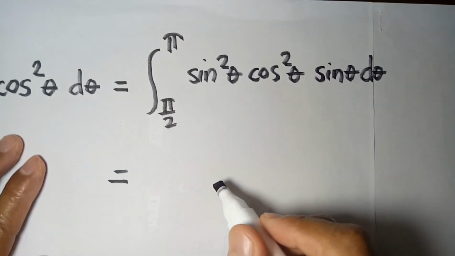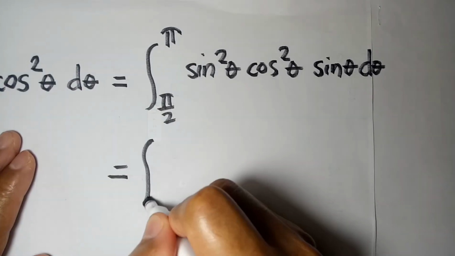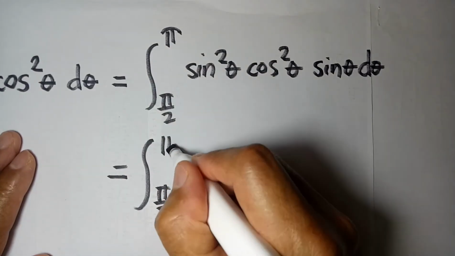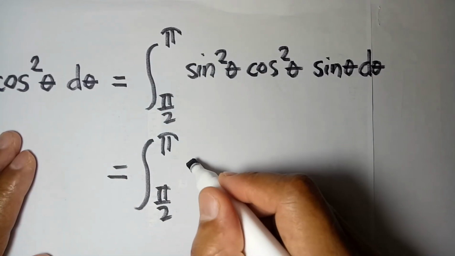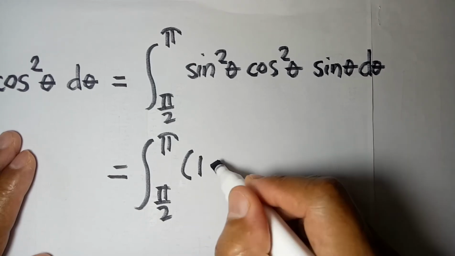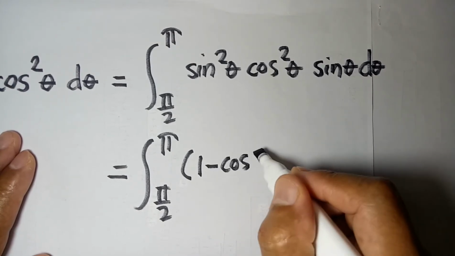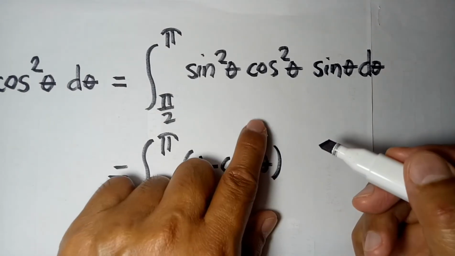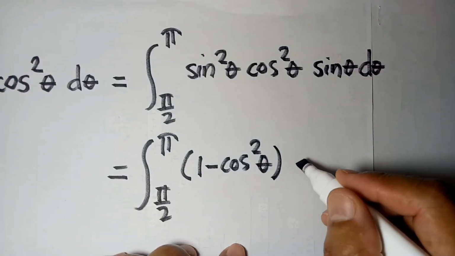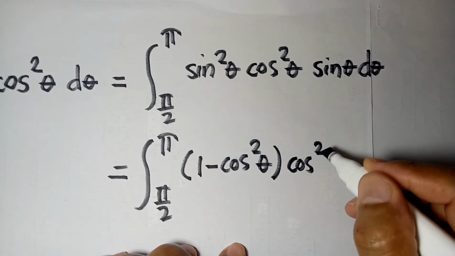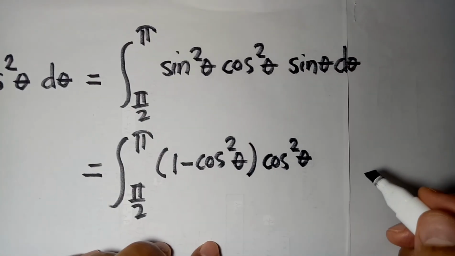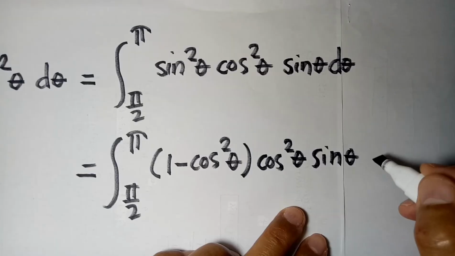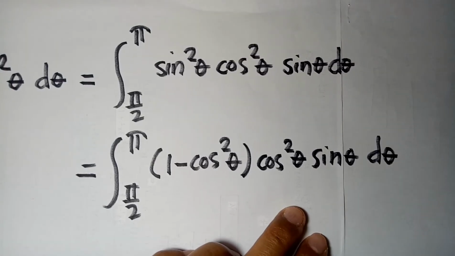Okay. We will have integral from pi over 2 to pi, 1 minus cosine squared of theta, and then times cosine squared theta, and then sine theta d theta.